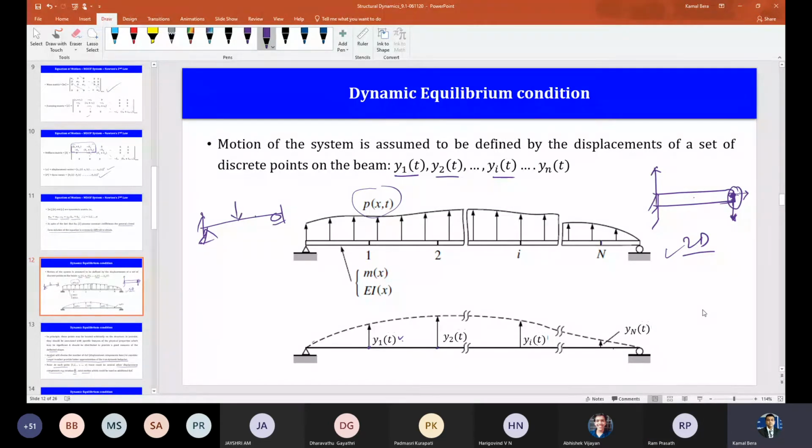Have you heard about the slope and deflection, that is, deflection is y and slope is dy/dx? Yes, sir, I think we did that in mechanics of solids in third semester, where we used to find slope and deflection.